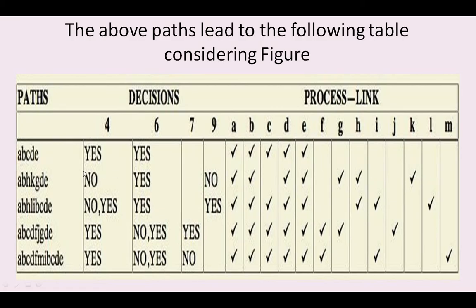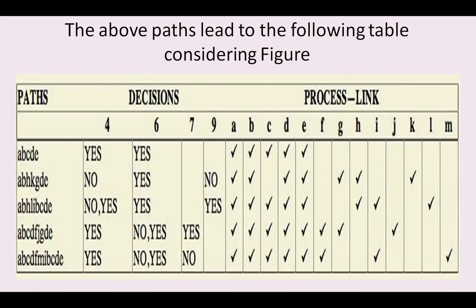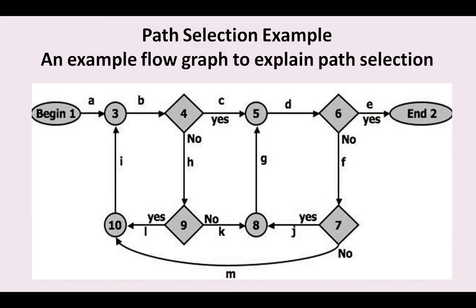Okay, in the same manner, another path: A, B, H, L, I, B, C, D, E. How many decision nodes are there in this route? Check once again. A, B: 4 is there. H: 4 is no here. H, L: 9 is yes.